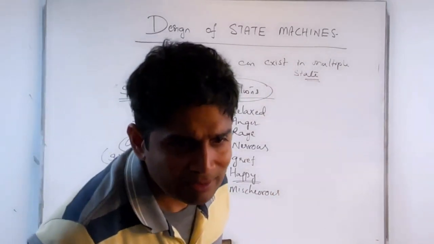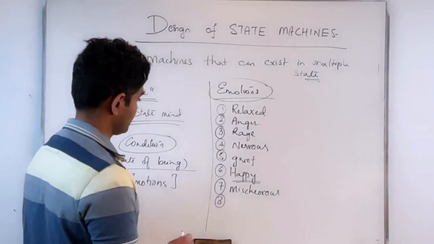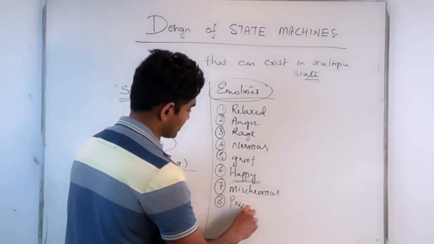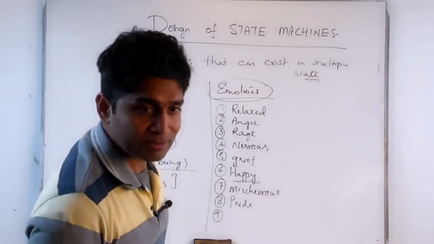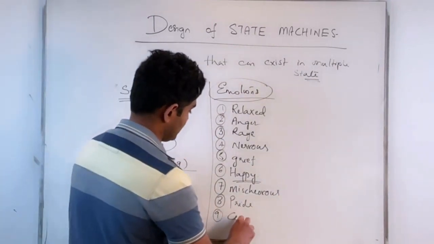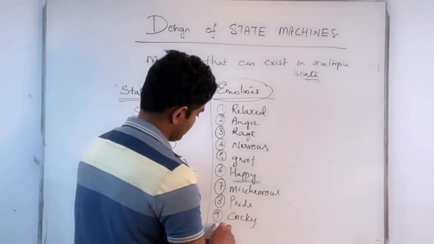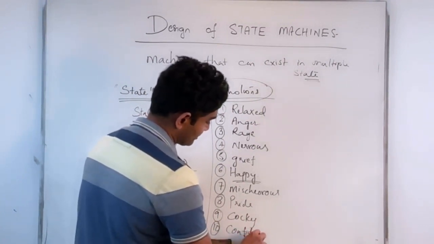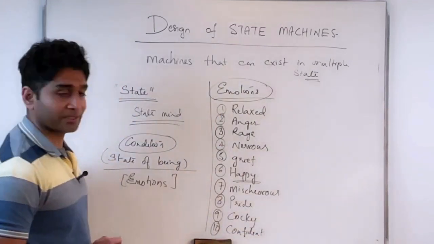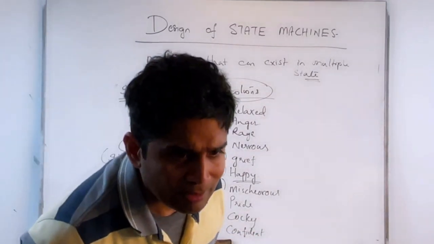All right. Mischievous. Prideful. Okay, pride is an emotional state. That's good. Let's see. Confident. Cocky. Again, kind of similar, I guess, but different grades of that. Confident. Okay. Pathetic. Yep.